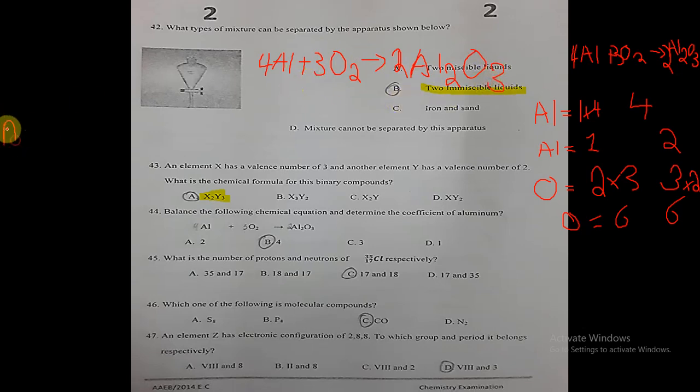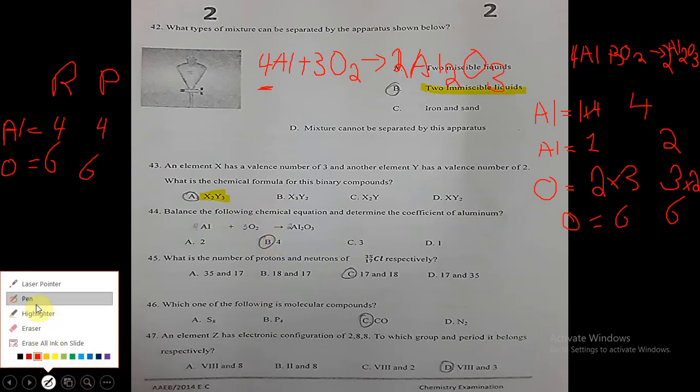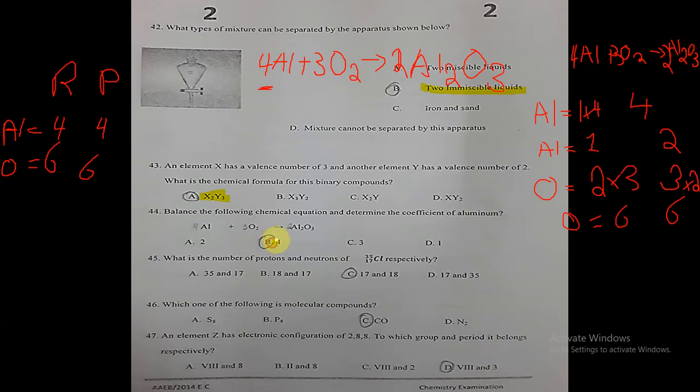Because now we have 4 aluminium in the reactants and 4 aluminium in the products. And in oxygen we have 6 oxygen in reactants and 6 oxygen in products. So the question is asking for the coefficient of aluminium. Here the aluminium will be 4, right? So the correct answer will be choice B. Choice B is the correct answer.